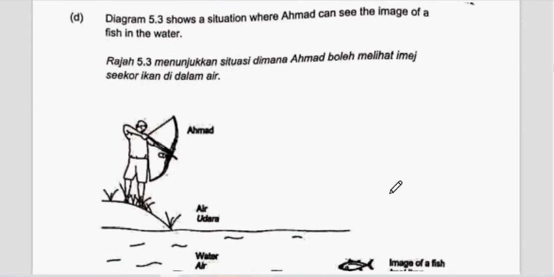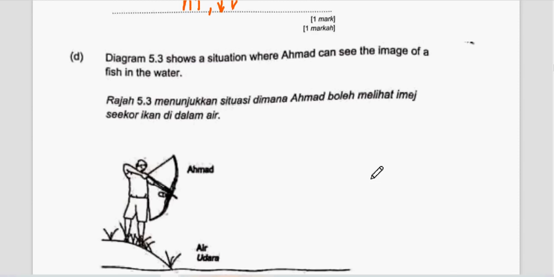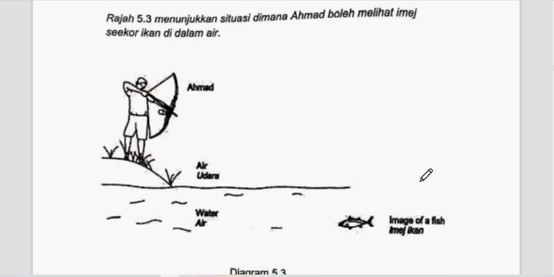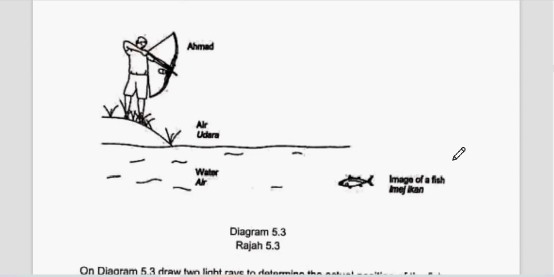Now, next question. This is still under the Kelantan paper. Diagram 5.1 shows the situation where Ahmad sees the image of a fish in the water. Okay, for the one given here, you need to be careful. Here we have Ahmad, and here is the image, not the object.